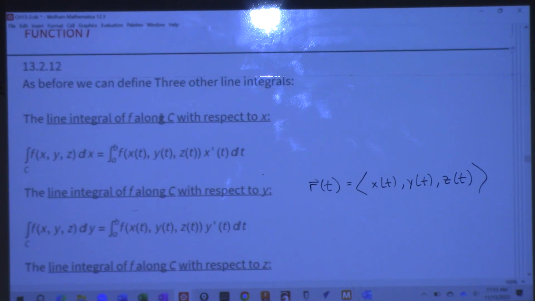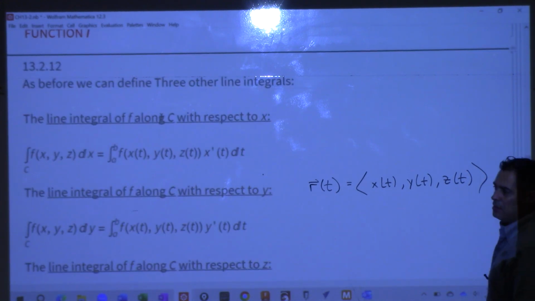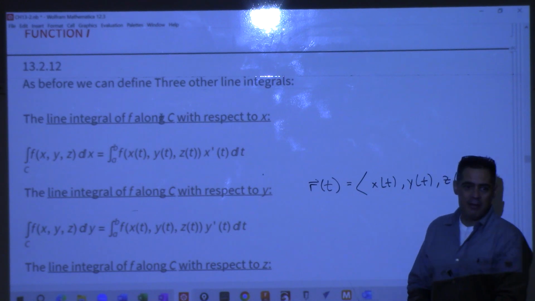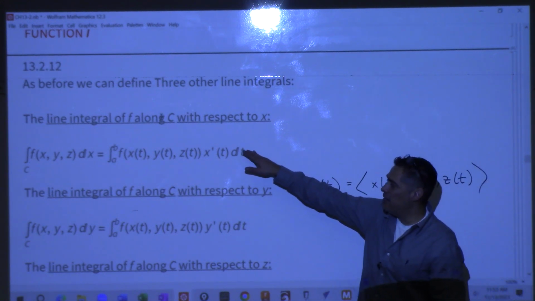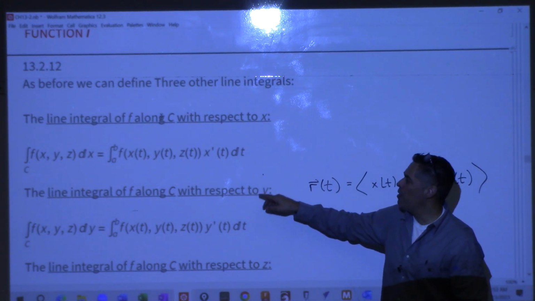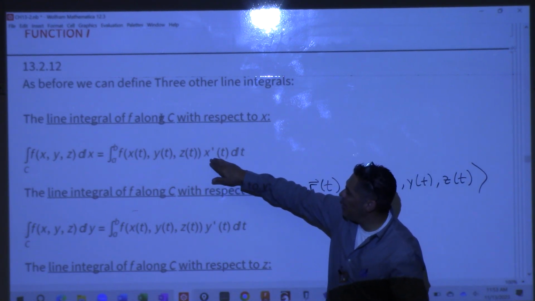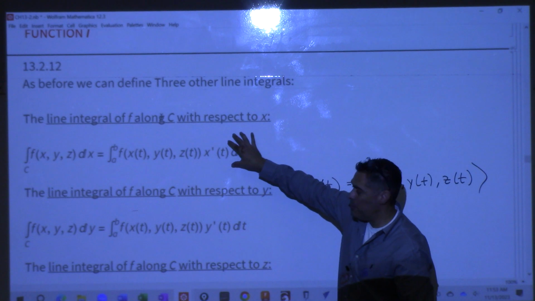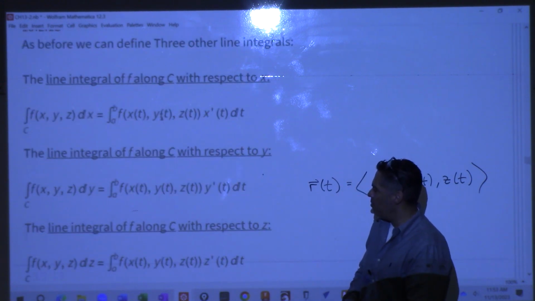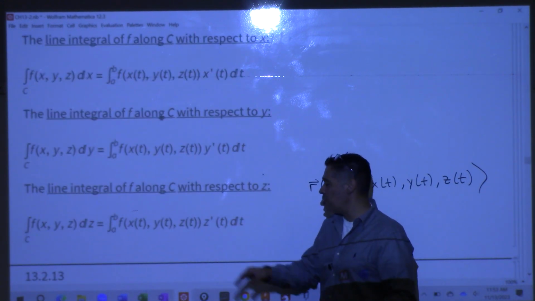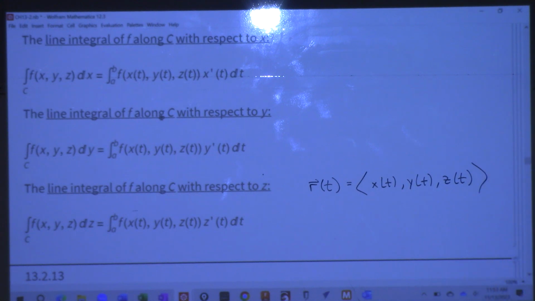All right. And as before, that's with respect to arc length. But there are three other versions where you can go just with respect to x, so you'll have an x prime instead of that square root thing, or you'll have a y prime, that's with respect to y, and then you have this additional one with respect to z. So this is all very much analogous. Is that the right word I should be using?